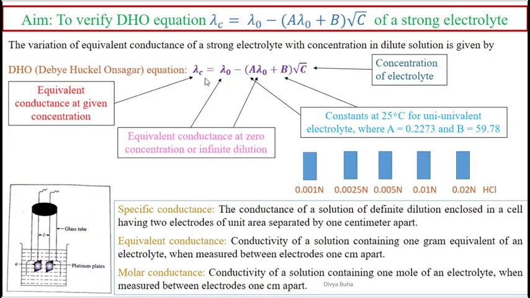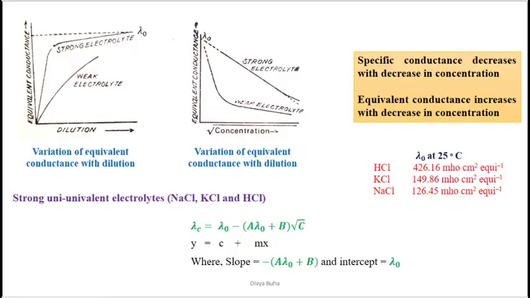So we have proved that the limiting law given by Debye-Huckel-Onsager is satisfied for the strong electrolyte. Whatever the standard value is, we are also getting that value. So it is proved that at infinite dilution, the equivalent conductance would attain a limiting value, which is referred to as the equivalent conductance at infinite dilution or at zero concentration.